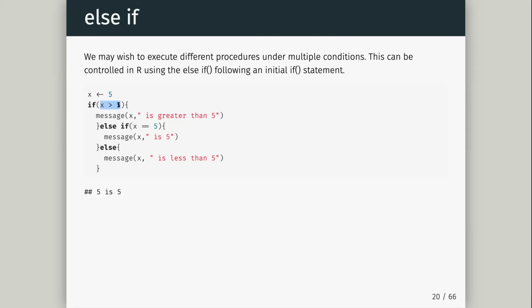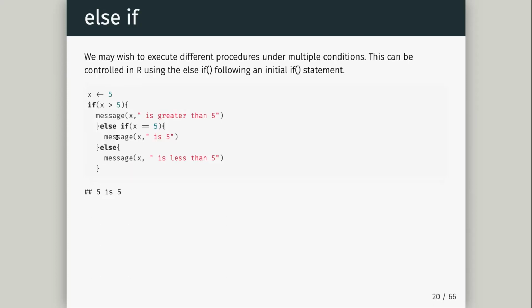First off, we'll check, is x greater than 5? If it is, we'll provide a message. Else, if x is 5, do this. And we can carry on building up more and more else ifs. Else if x is 4, do this. Else if x is 3. And finally, we will end it with an else statement, for when nothing else evaluates to true.